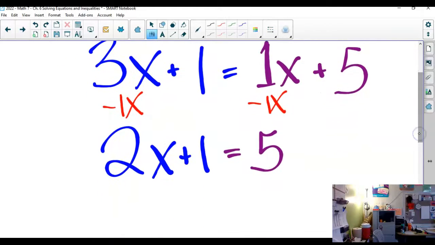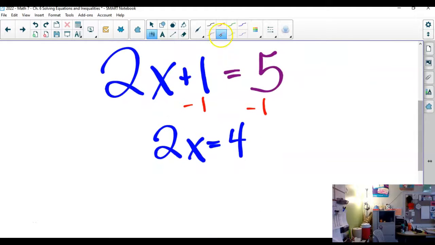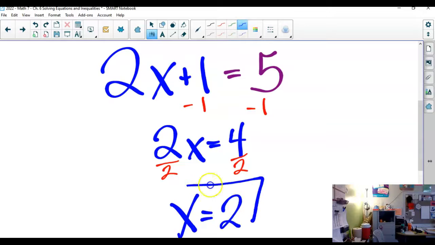And then we take away the 1, and we get back to where we were. 2x equals 4. And then you should already have this on your paper. We then divided by 2. This is what we're going to practice tomorrow, that we don't need an algebra mat. We can do it all on our paper.